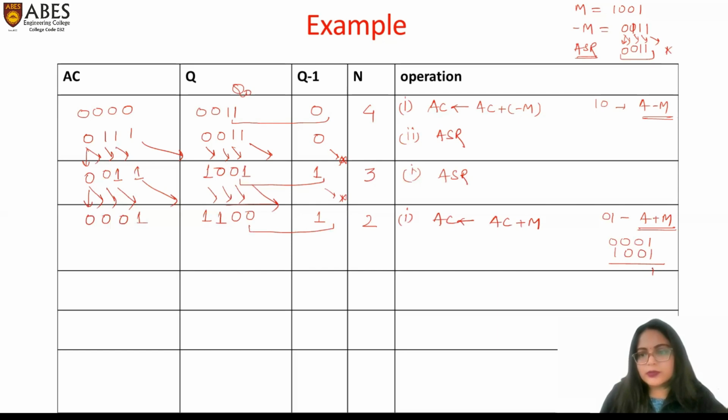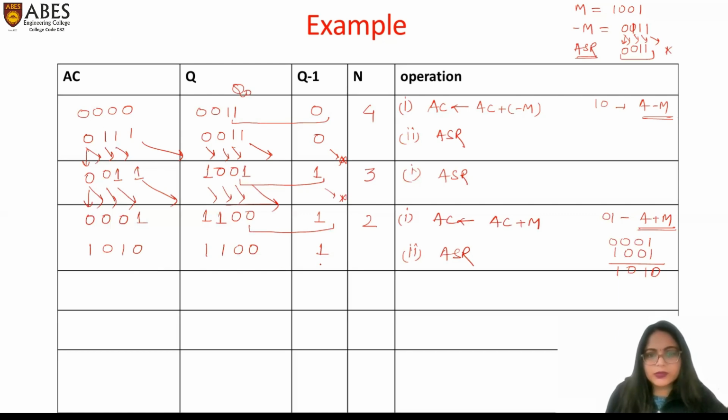The value will be 0, 1, 0, 1. Clear? So the value will become 1010 now. Q will not be updated. This Q minus 1 will remain the same and will not be updated until we perform ASR.